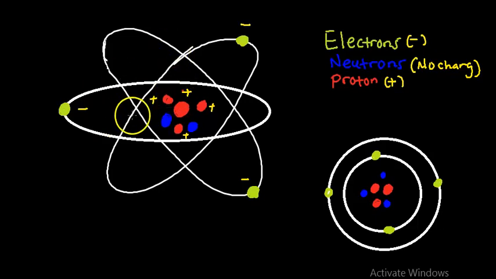Inside the atom, you'll find several subatomic particles, which can be protons, neutrons, or electrons. Outside, we have the electrons, and they are negatively charged. Inside the nucleus, we have the protons and the neutrons.